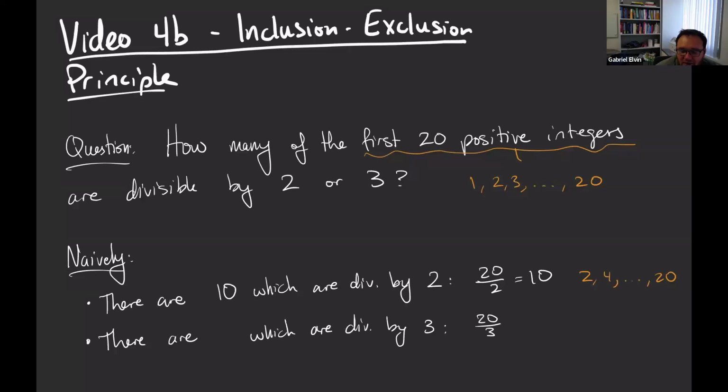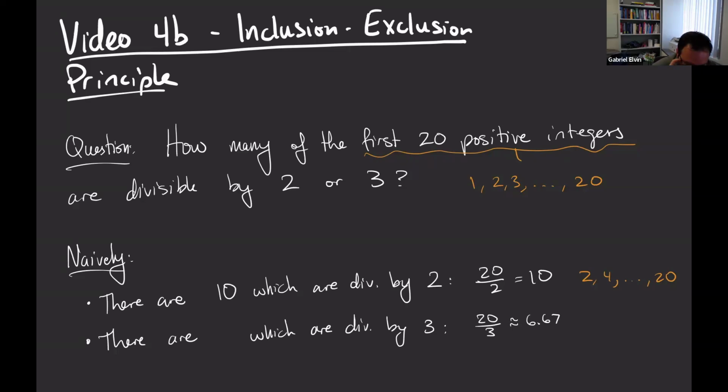It's 6 and 2/3. Obviously there can't be a decimal number of numbers which are divisible by 3. So is it 6 or 7? Do we round up or truncate down?